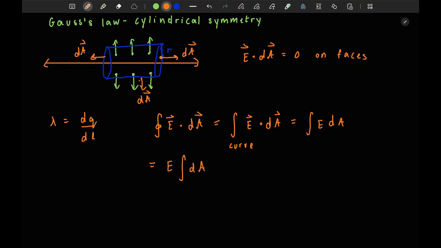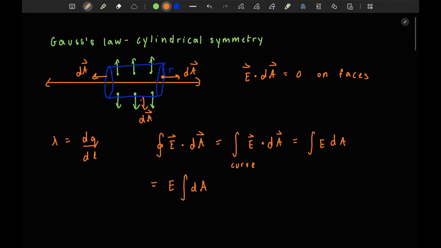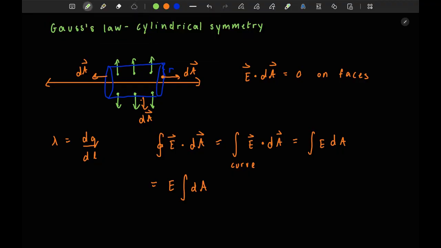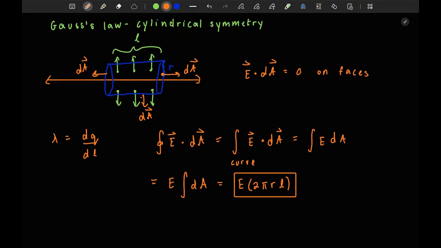Now to compute dA, I need to specify one more parameter, namely, I need to specify what the length of our cylinder is. So we're just going to quickly label that lowercase l. And then we can say that E integral dA is equal to E times 2 pi r l. And again, this will be our result for every single case of cylindrical symmetry. You'll never need to redo this. Cylindrical symmetry, E times 2 pi r l.